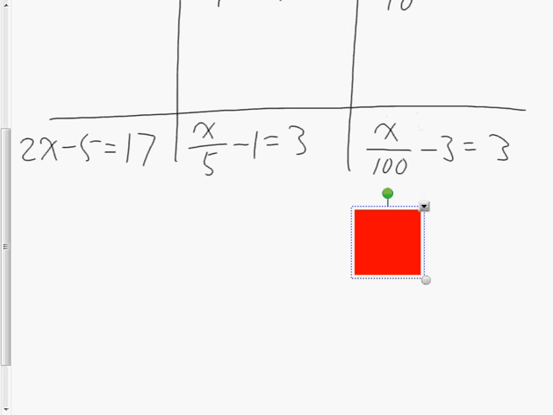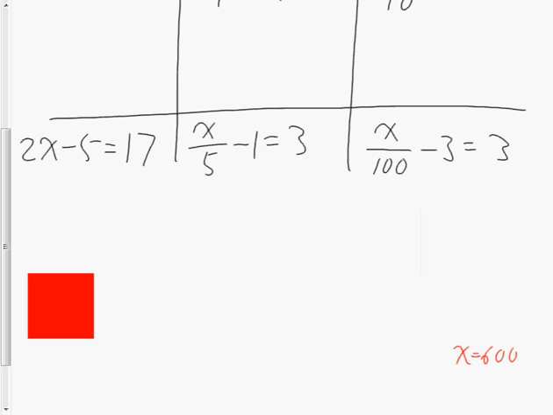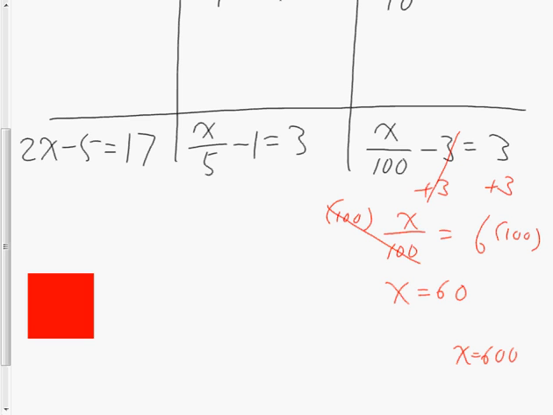So we know that x has to be equal to 600 by inspection. Go back here and use opposite operation. Get rid of my constant first. X divided by 100 will be equal to 6. Multiply both sides by 100. Those are opposite operations. X equals 600, just like we got with inspection. Okay?